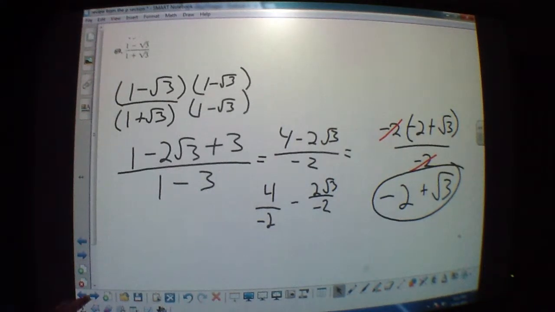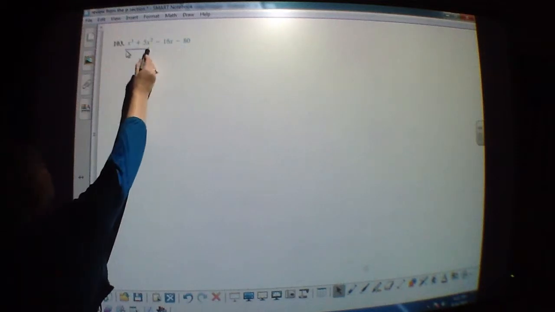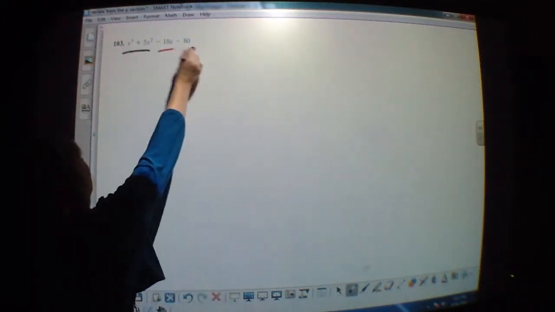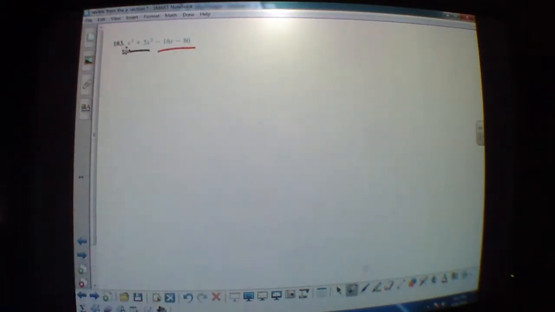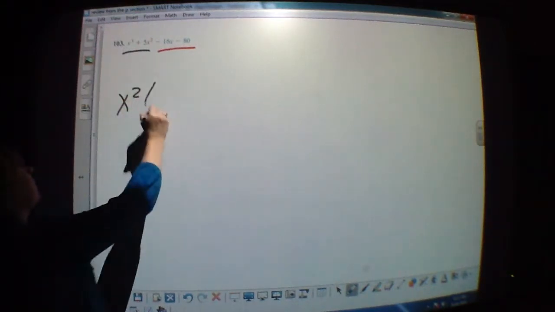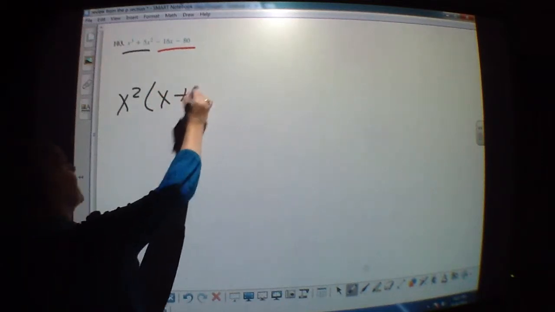Next problem. Factoring. We can factor this by grouping. We can group our first 2 terms together, and we can group our last 2 terms together. When you look at the first 2 terms, they have an x squared common with both of them. So if I factor out an x squared, I'm left with x plus 5.